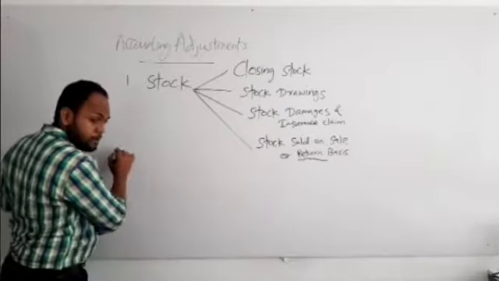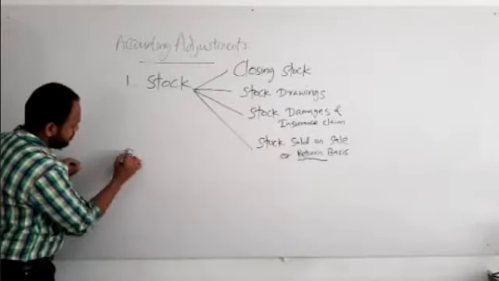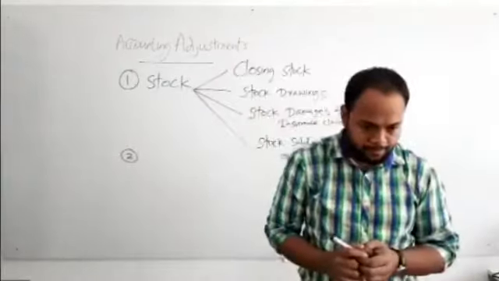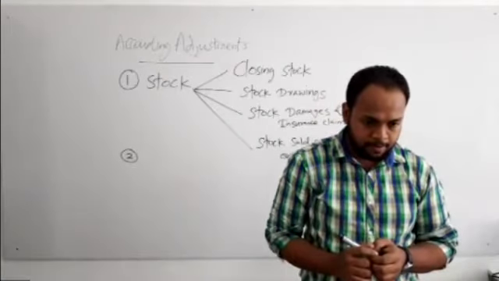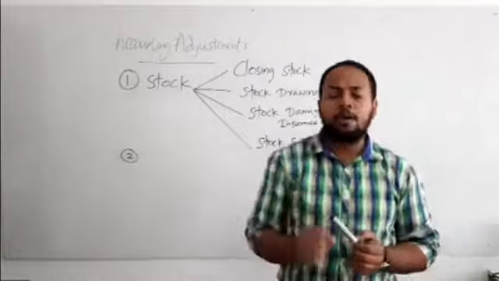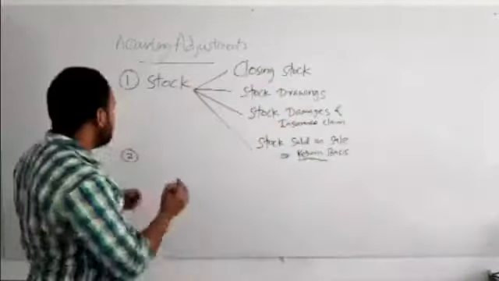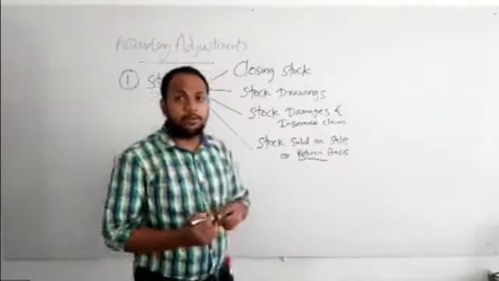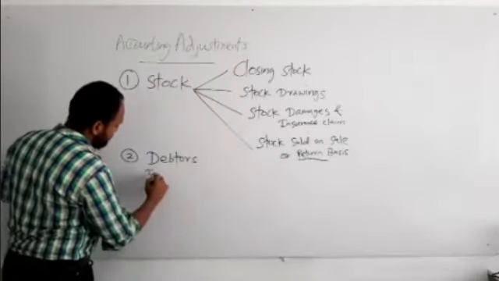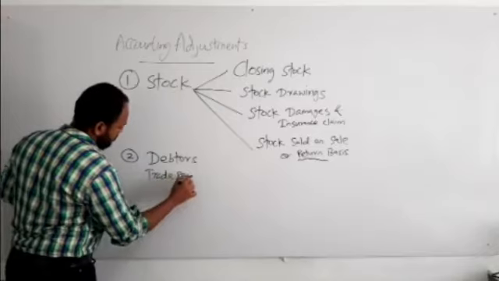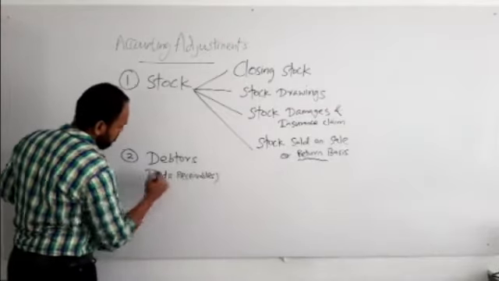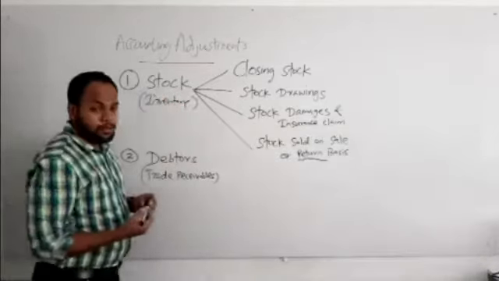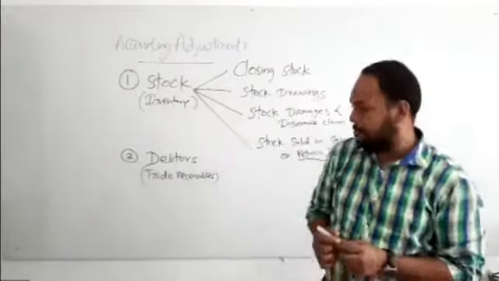Okay, number 2. Right. So number 2 is adjustments related to debtors or trade receivables.